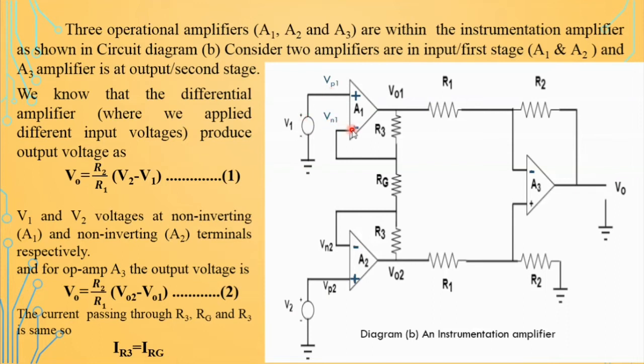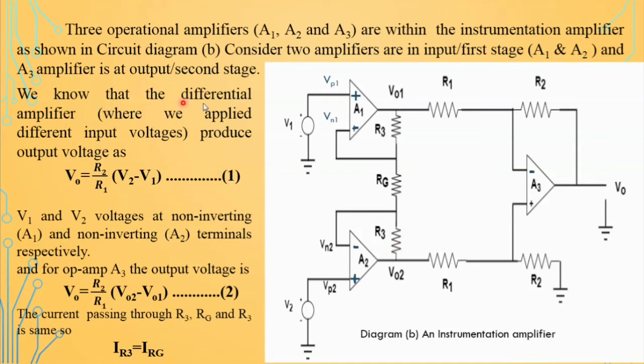So whatever voltage comes at the non-inverting terminal, that is V1 at this point, and similarly at this point Vn2 is equal to Vp2, or V2. The current passing through this section is the same, so we can say that IR3 is equal to IRG.